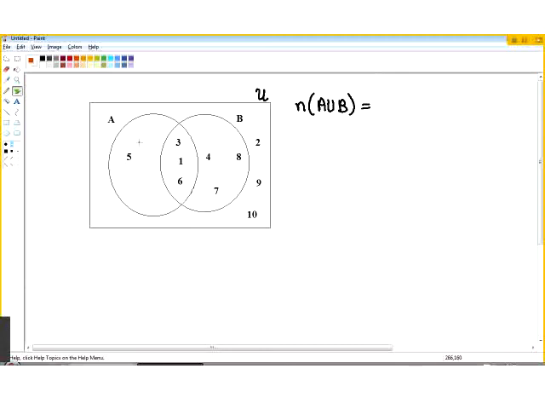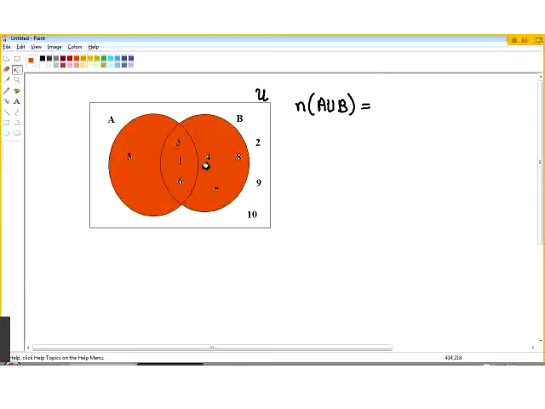We're going to get A union B in orange. So this A union B is going to be 1, 2, and 3. That's A union B. And N of A union B means we're going to count the number of elements in this set, which is 1, 2, 3, 4, 5, 6, 7. So our answer is going to be 7.